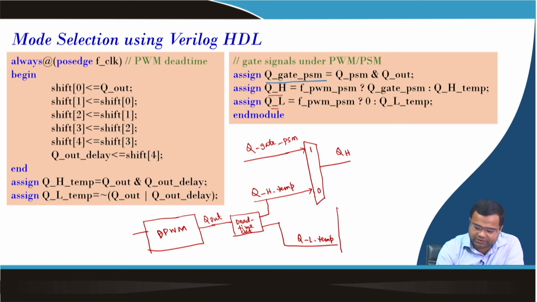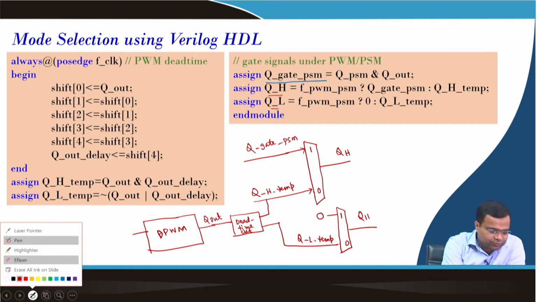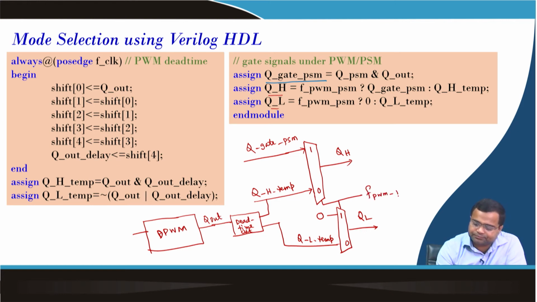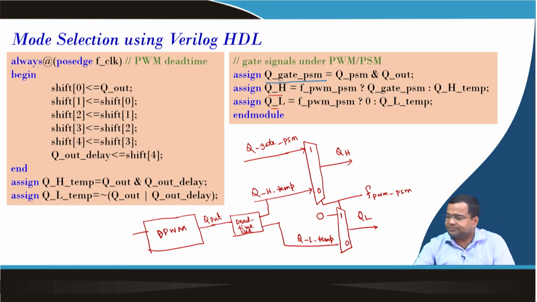Now there will be another option, again 1 0, this will simply be 0, this will go to Q low, and this will go to the gate drive circuit, and for all this the flag here is F PWM PSM. That is it. This is the logic that we are describing.